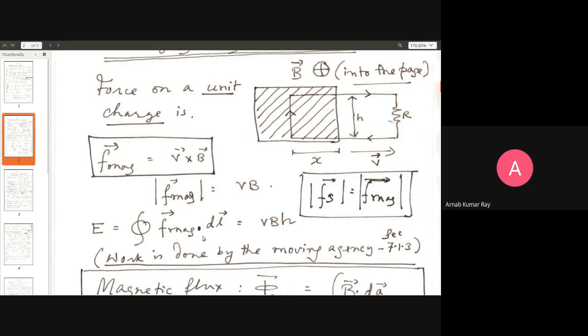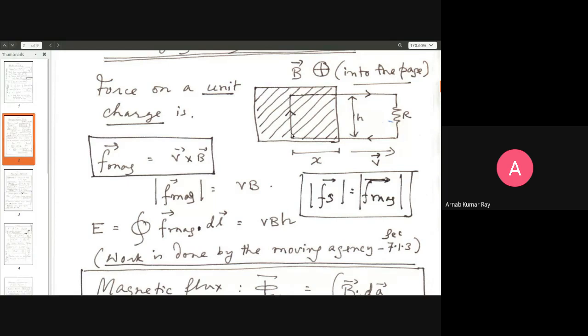So when you want to take the dot product of the force, which is going upwards, and this path, which is perpendicular to it, remember the definition of a dot product: magnitude of the first vector times magnitude of the second vector times the cosine of the angle between the two. Here the cosine of the angle will be 0 because it's a 90-degree angle. So this part will also contribute nothing because the force and the path are perpendicular to each other. Same with this bottom path. So basically you will only get work done for this vertical path along the entire circuit.